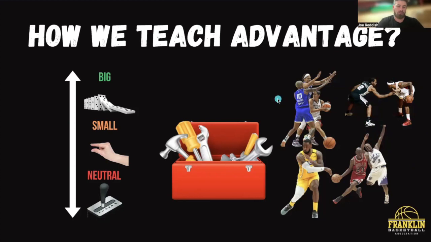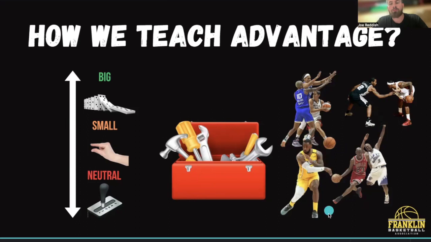So the first thing we need to do is introduce big, small, neutral as a concept and as a way to define advantages. And then from there, we need to help put them in these advantages. So part of our toolkit here is, for example, we could put players in transition situations where they have numbers advantage.